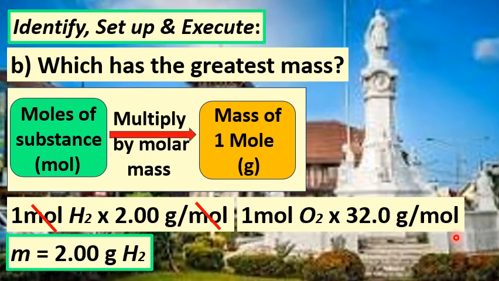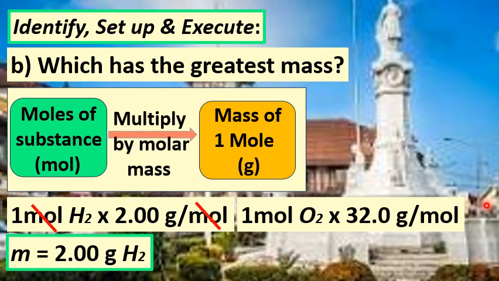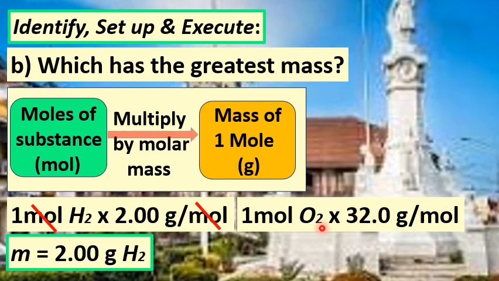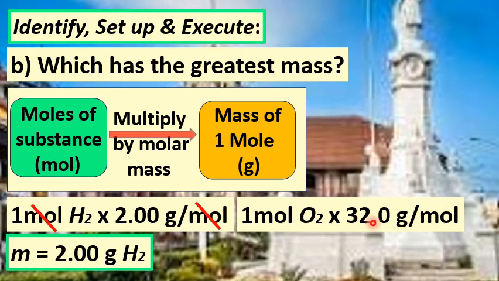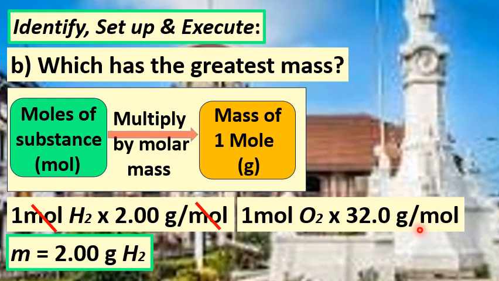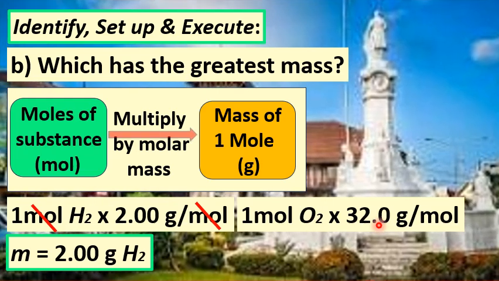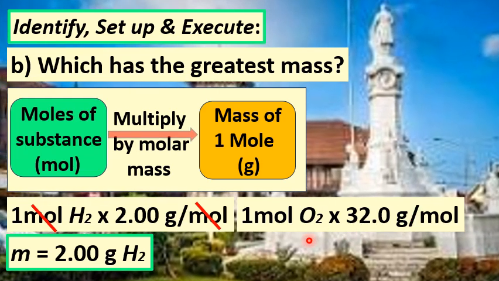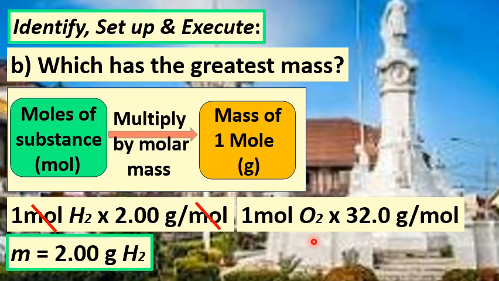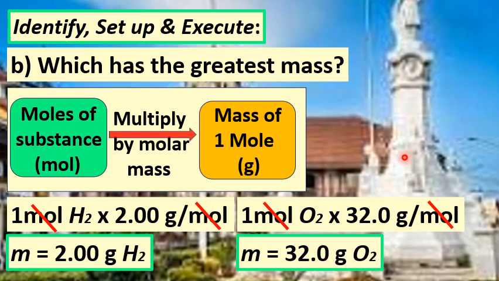We call that the atomic mass of the oxygen element or atom. Since the oxygen gas O2 is diatomic, we multiply 16.0 grams per mole by 2. That's how we got 32.0 grams per mole. That means the mass equivalent of oxygen gas is 32.0 grams.